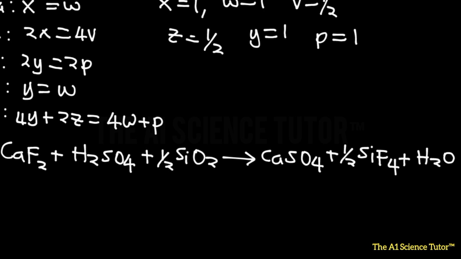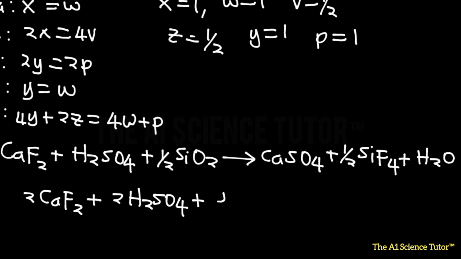Now in order to balance this, we need to multiply through by 2, which is the denominator for 1/2. So this is going to be 2 CaF2 plus 2 H2SO4 rather. Here we're just going to have a silicon dioxide.